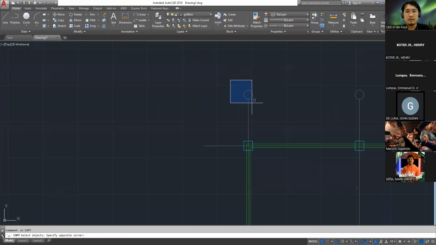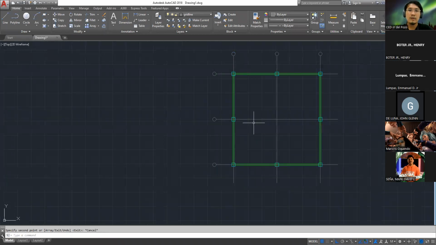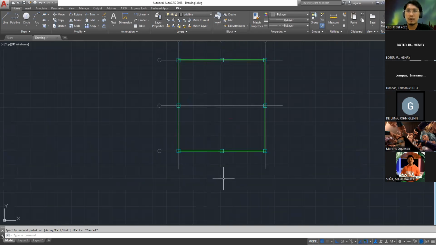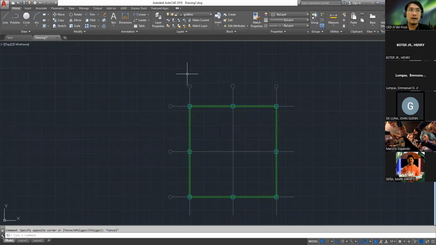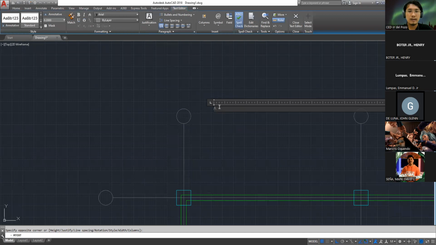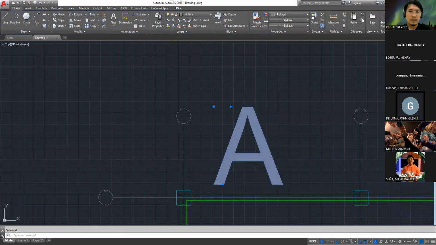Ganon din dito. So, once naglagay ka na ng bubble sa taas, hindi mo na kailangan lagyan ng bubble yung baba. After nun, gumawa tayo ng text. And then, maglagay tayo ng indicator. So, gagawin ko lang itong 200. Ay, laki.